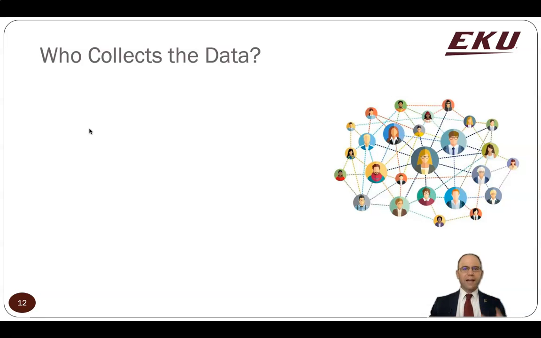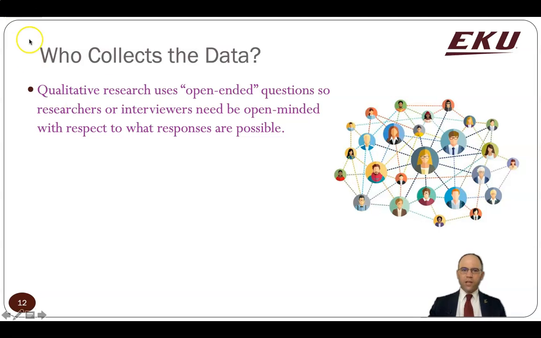Who will collect data in a qualitative research design? Qualitative research is going to use open-ended questions, so the researchers or interviewers have to be open-minded and respectful, especially on topics that might be controversial. It doesn't matter whether you're doing political science research, public health research, or whatever.